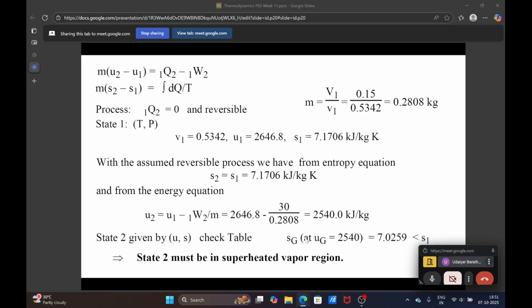The entropy which we have is greater than the saturated gas entropy. So it states that state 2 is in a superheated state and not in a two-phase state. If S1 had been lower than 7.0259, then we could say that it will enter a two-phase state at the exit, or else it will always be fully vapor, and in this case it is a superheated vapor.